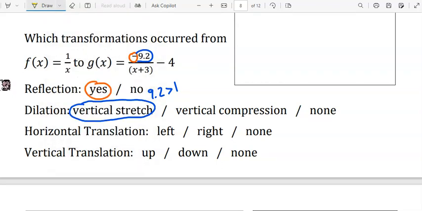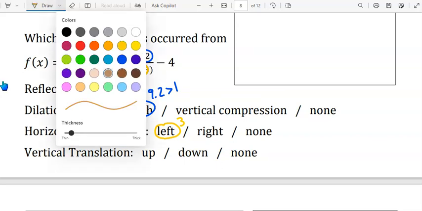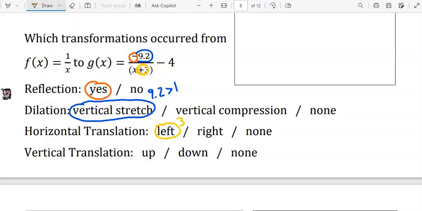Horizontal translation, it goes to the left 3. For vertical translation, it goes down 4.